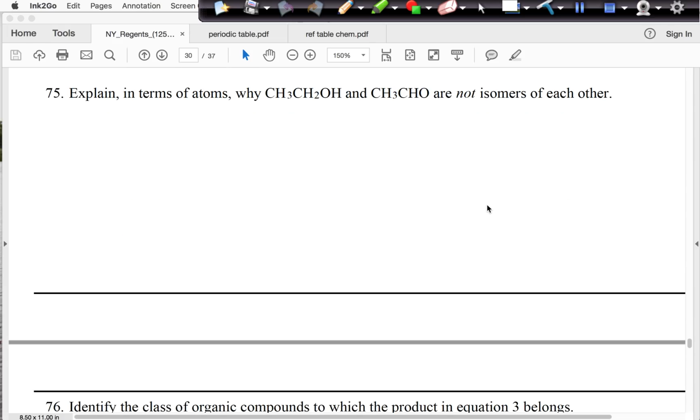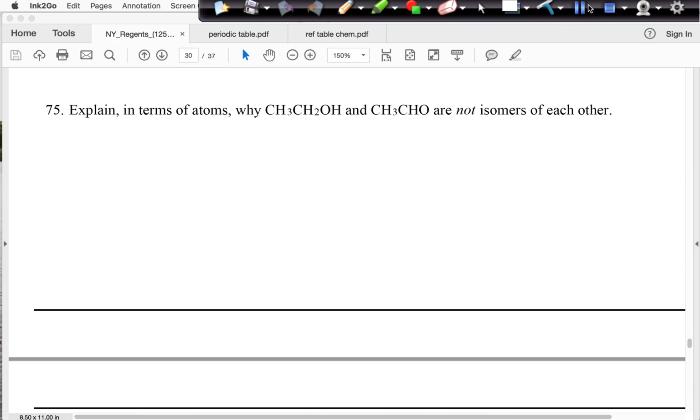For 75, it says, explain in terms of atoms. So in terms of atoms, which means we have to mention the atoms, why CH3CH2OH and CH3CHO are not isomers of each other.